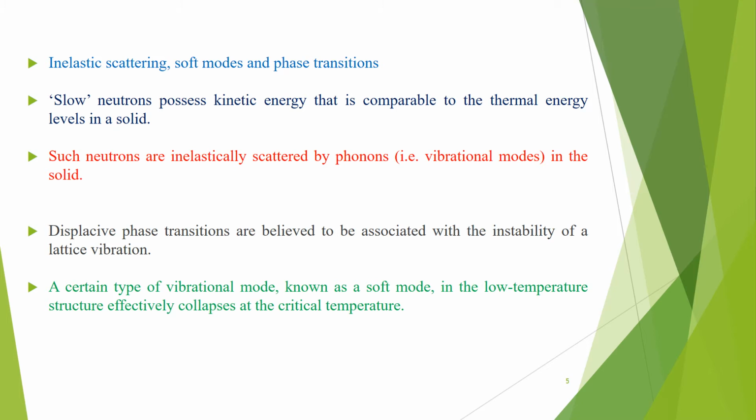In this slide, we are going to study inelastic scattering, soft modes, and phase transitions. When we use slow neutrons, these slow neutrons possess kinetic energy that is comparable to the thermal energy levels in the solid.